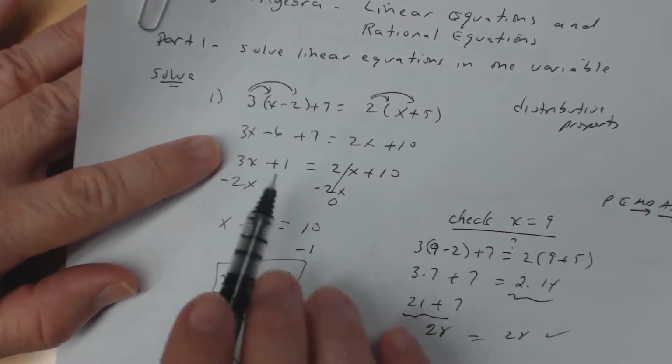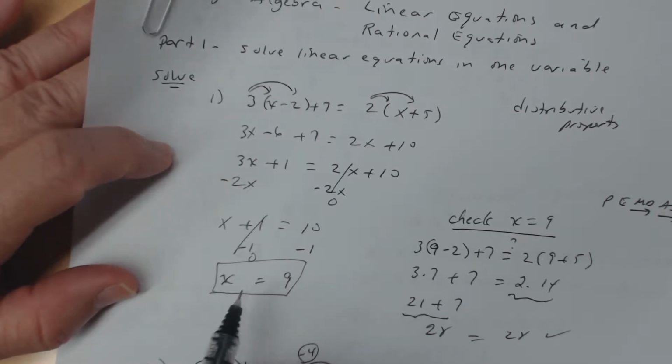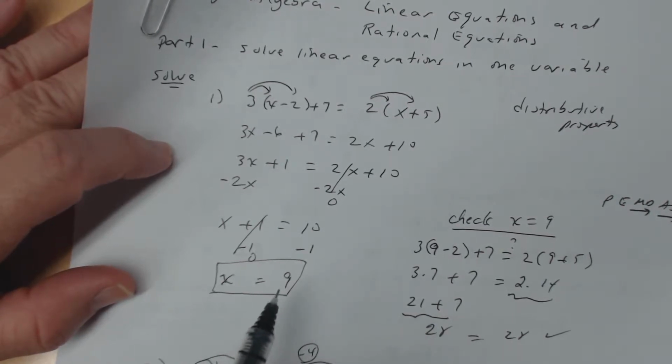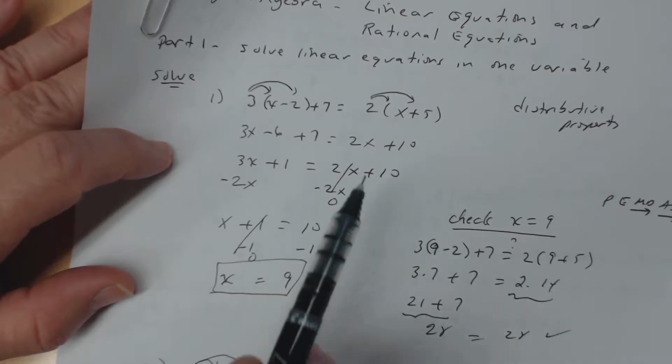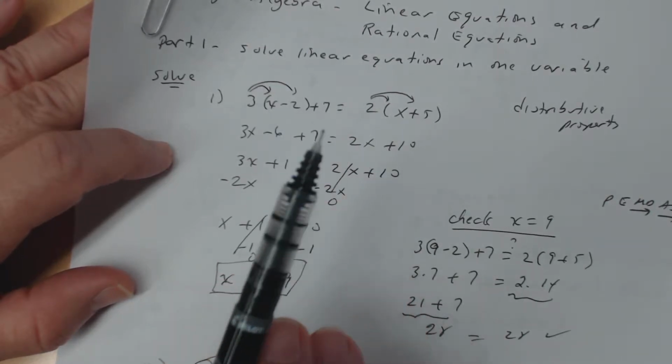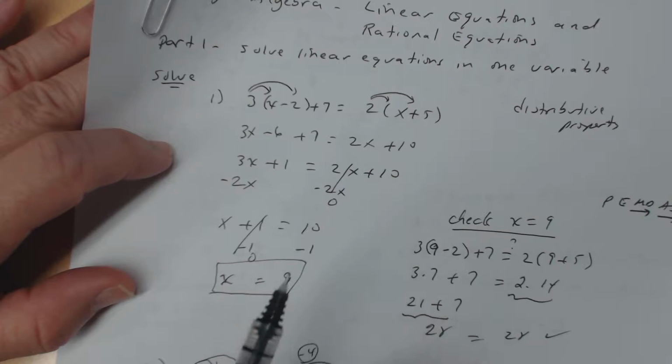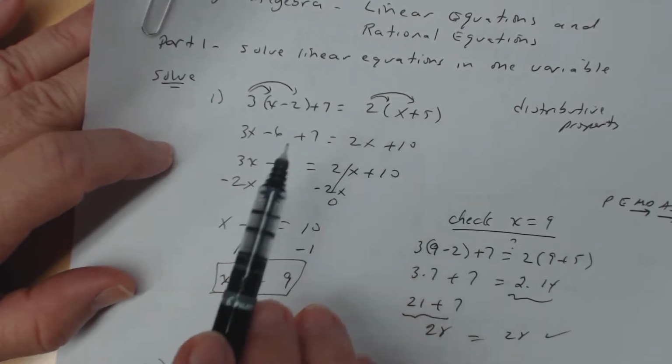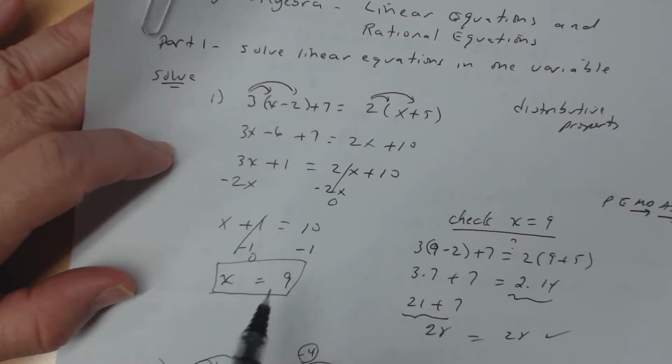When I solved this equation, I only had one solution, x equals 9. Since there was only one solution, this is a conditional equation. This equation is true only on the condition that x equals 9.